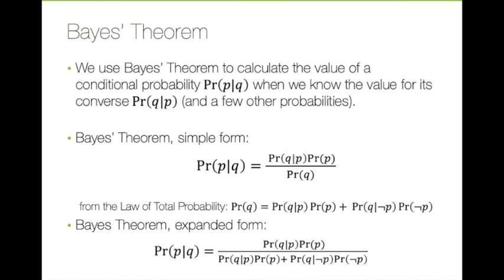The first term of the addition is just the numerator again. So on the bottom we have the probability of Q given P times the probability of P. And then we add the probability of Q given not P times the probability of not P. That complex formula allows us to calculate a conditional probability, again, when we know the converse and some other useful values.